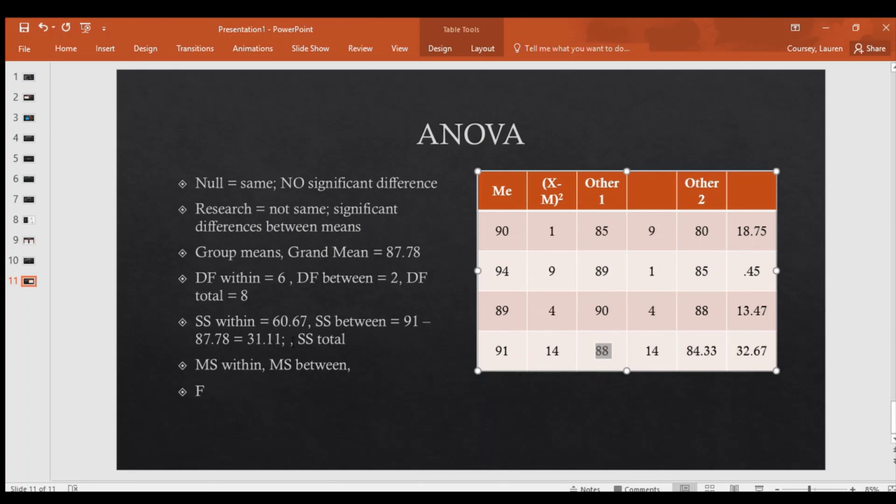And so that would give us a sum of squared deviations for that group of 0.15. And then finally, I would take my 84.33, subtract my 87.78. I would square that, and then again multiply by 3 because there were 3 students in this group as well. So that would give me 35.71.